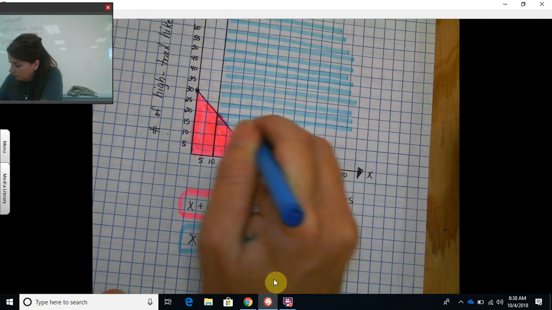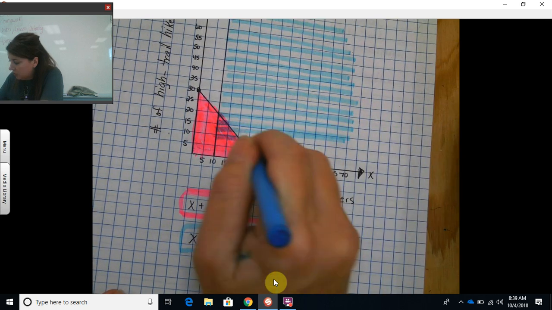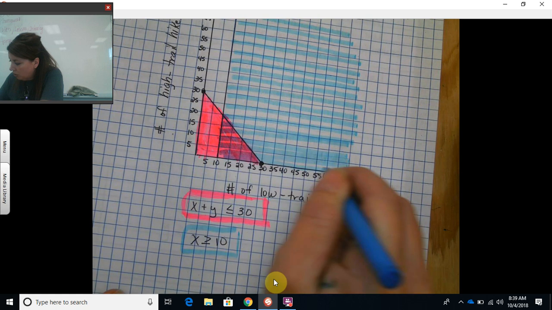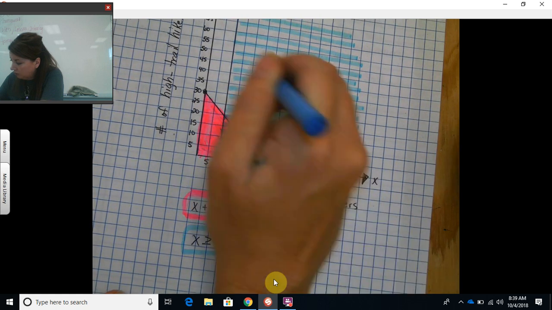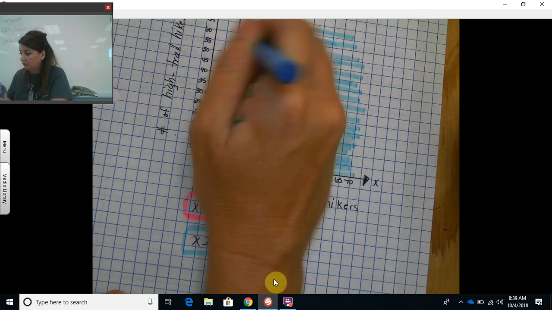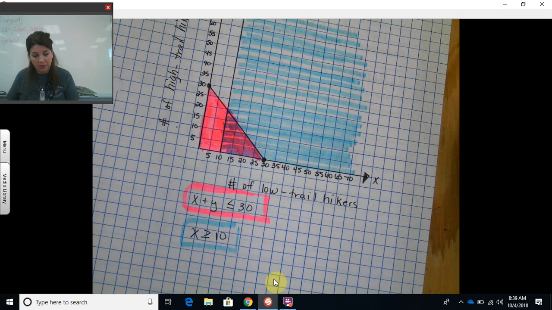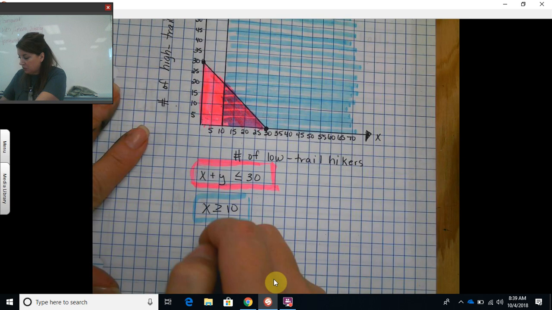But I could not have 50 low trail hikers and 30 high trail hikers. I could to make this inequality true, but not the whole problem. Okay? And there had to be a minimum of 5 campers on the high trail. So that inequality was y is greater than or equal to 5.